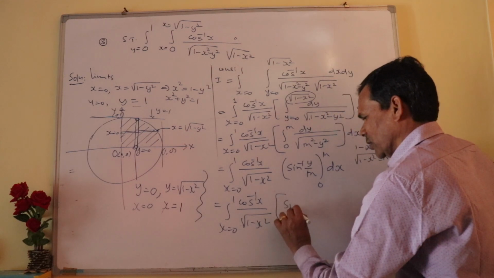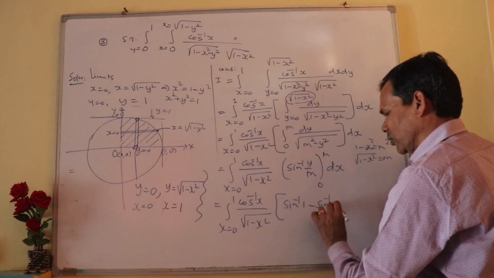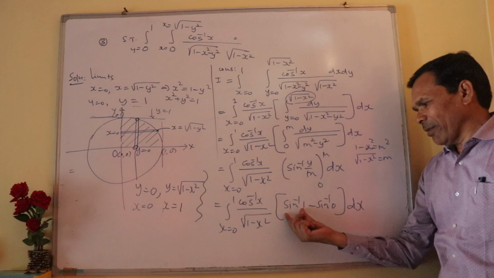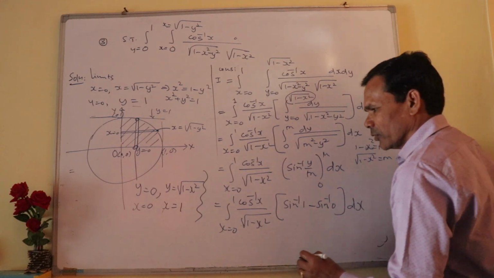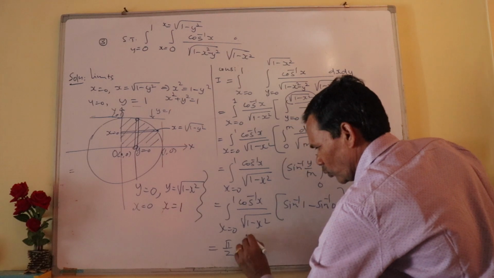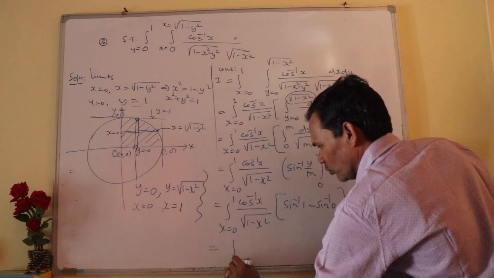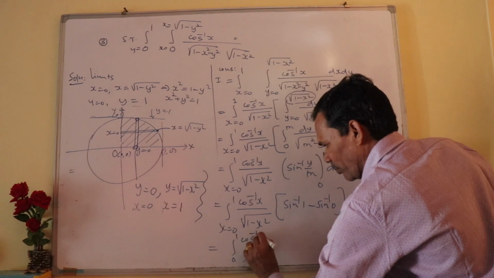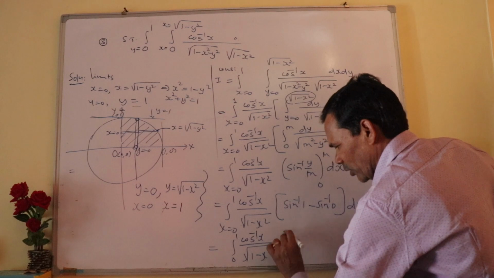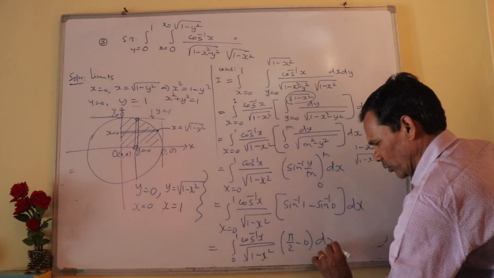So this is sine inverse 1 minus sine inverse 0. It is pi by 2 minus 0, because sine inverse 0 is 0 and sine inverse 1 is pi by 2. So I take this pi by 2 outside: 0 to 1, cos inverse of x divided by root of 1 minus x square, into pi by 2 minus 0, into dx.